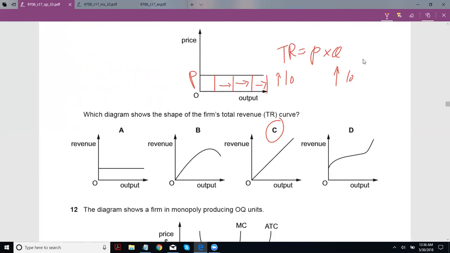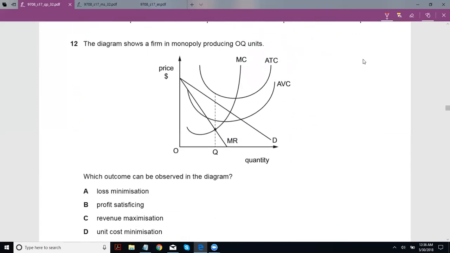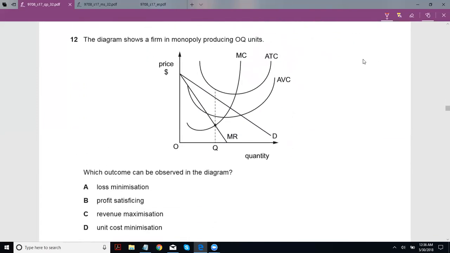That means these are directly proportional, which is shown by a straight line through the origin in the revenue output curve. Clearly, if this increases by, let's say, 10%, then total revenue also increases by 10%, which is shown here.